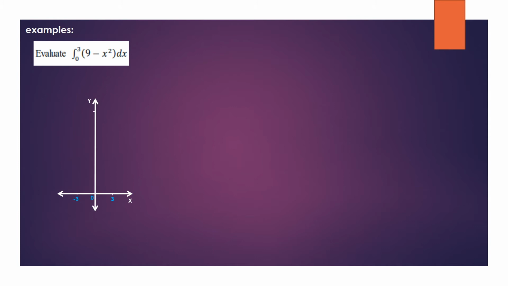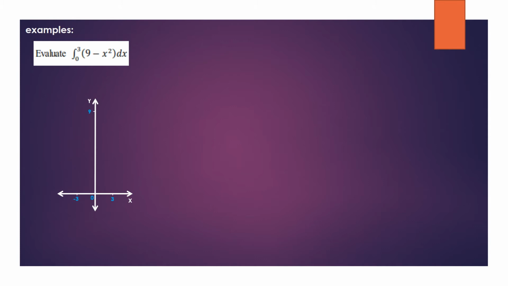Now, from 0 to 3 lang. Tapos, we have 9 on top. So, sir, saan nyo nakuha yung 9? Based ba yun sa given? No. Kasi pag sinolve ninyo yung equation na yan, transforming that into its standard equation. So, ano ba yung standard equation ng parabola? Kailangan nyo munang matransform yung function, yung 9 minus x squared to its standard form para masabi ninyo kung ano itsura ng parabola.